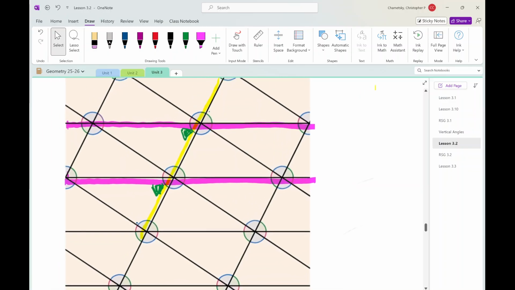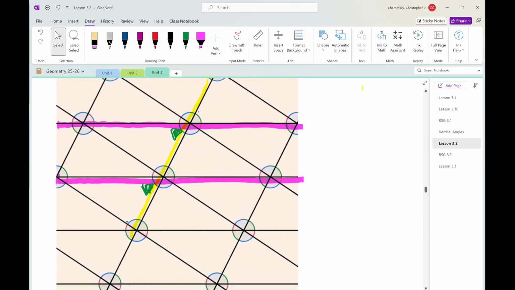Well, if we look at how we got these angles, it's from moving our triangles around in our tessellation pattern.